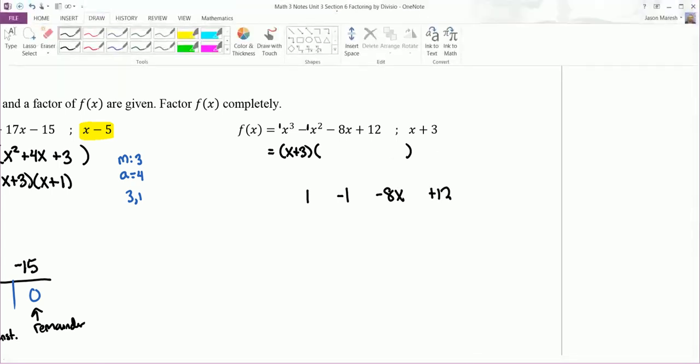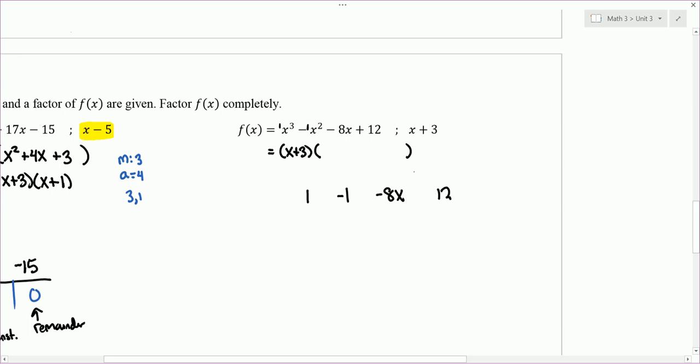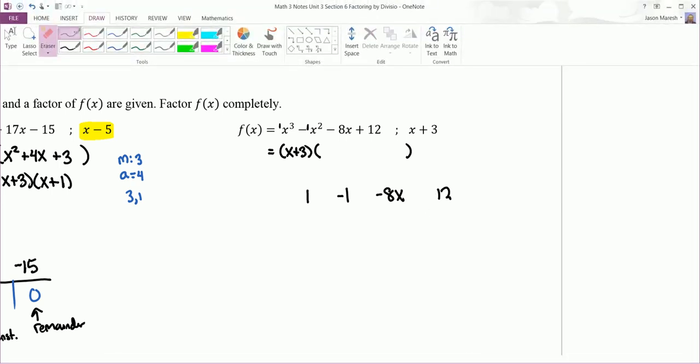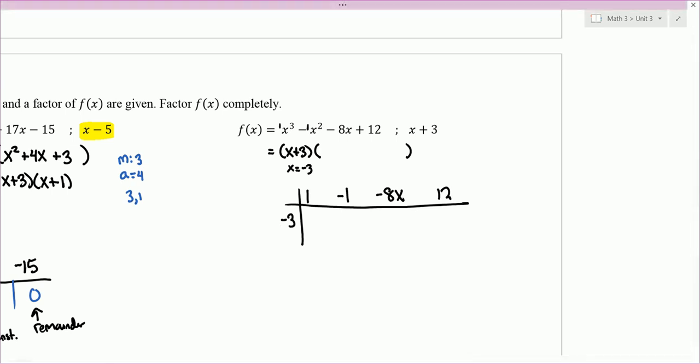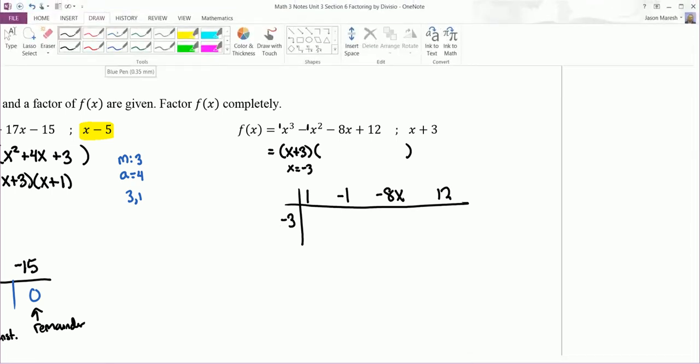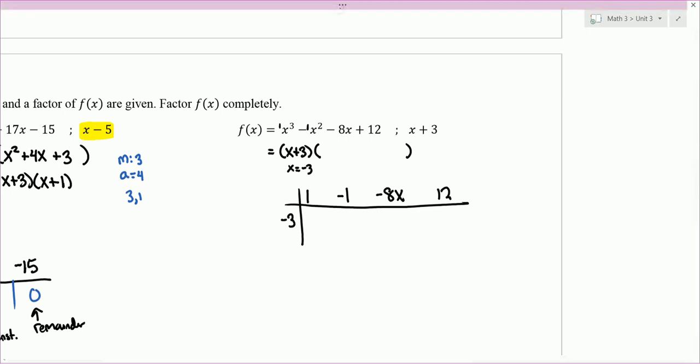I don't have to put the plus sign though. We're dividing by x plus 3, so we think, well, what would that x-intercept be? It would be negative 3. Use the x-intercept here. We bring that first number straight down, whatever's there.